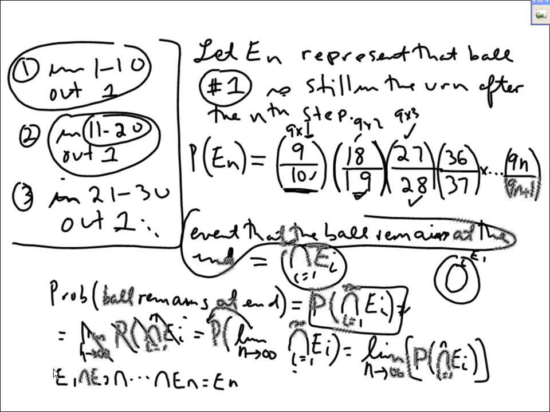Well, the intersection of those two is E2. What's common in here and in here? E2. And E3 is inside there. What's common to all three of those? E3. Okay, so this last equation is nothing more than the limit as n approaches infinity of the probability of En.